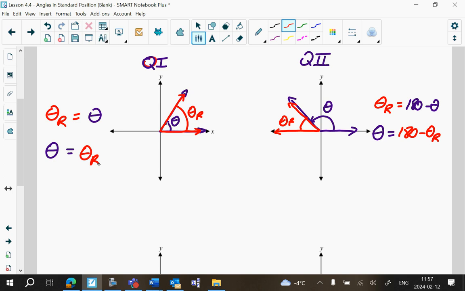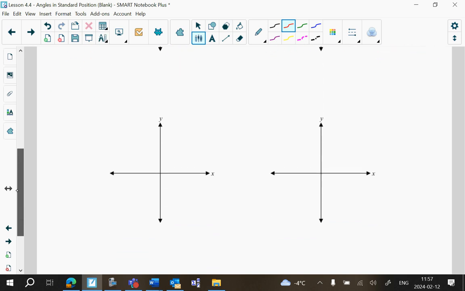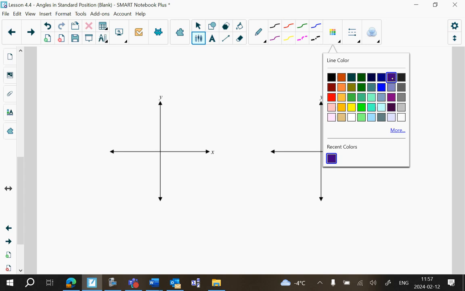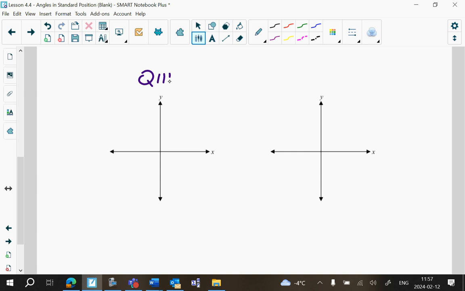Quadrant 3. Okay, let's draw an angle in quadrant 3. So initial arm on the positive x-axis, terminal arm somewhere into quadrant 3, and that's theta. Where's the reference angle this time? Yeah, so one of the arms is the negative x. What's the other arm? The terminal.